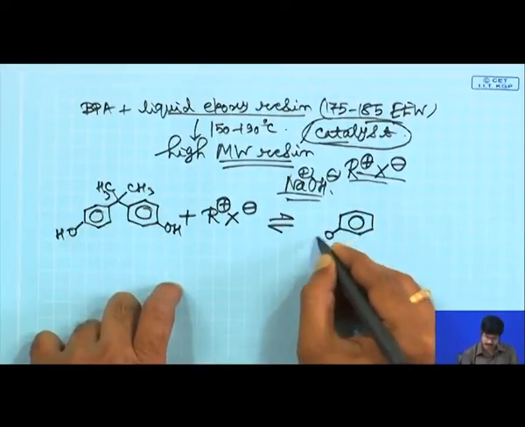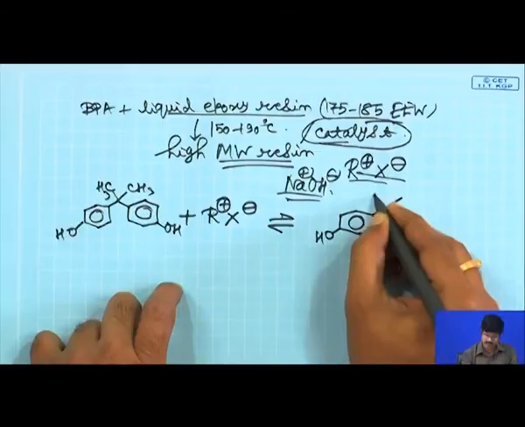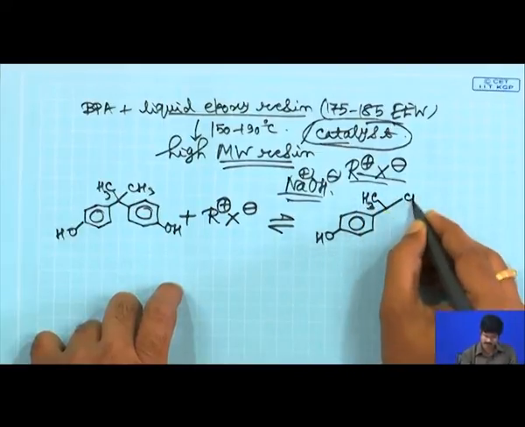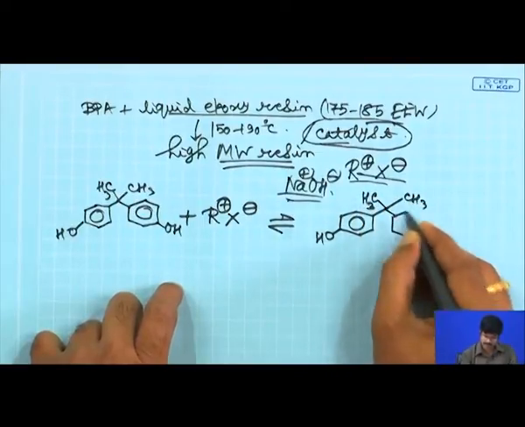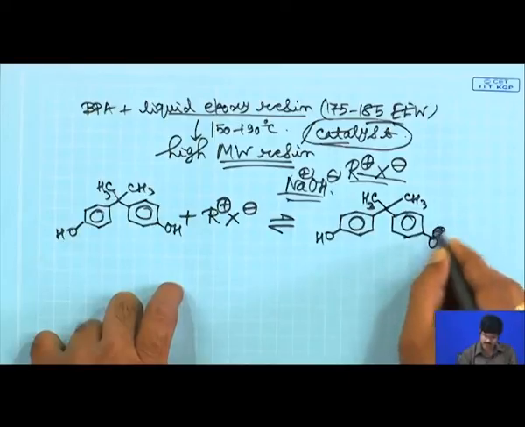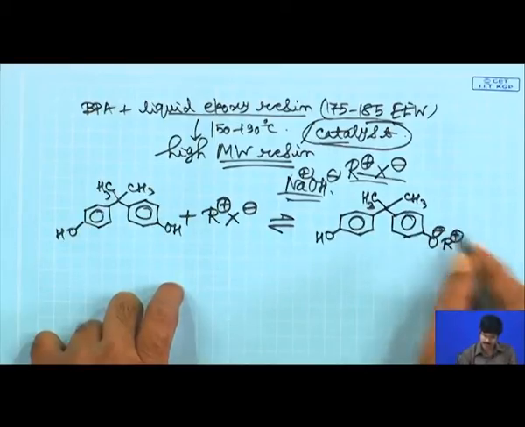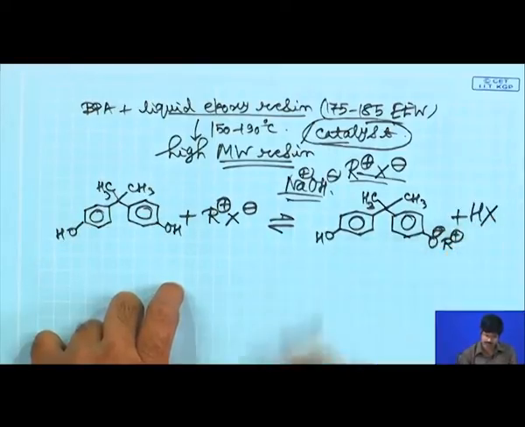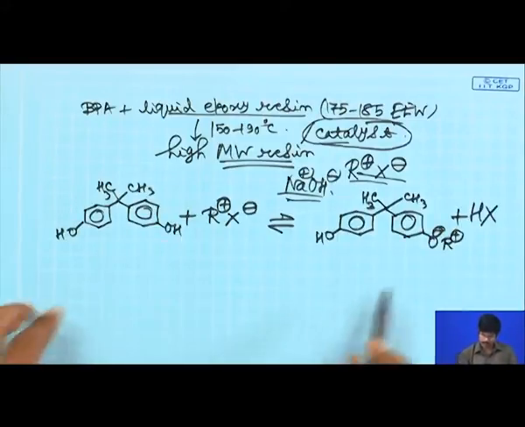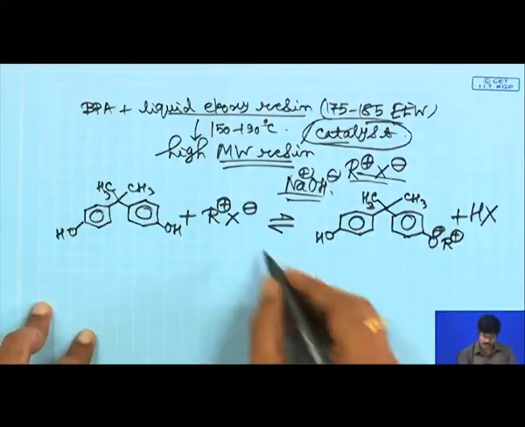So, you will have a product which is like this, O minus R plus, and HX is produced, all right. Now, this is an initiation step.